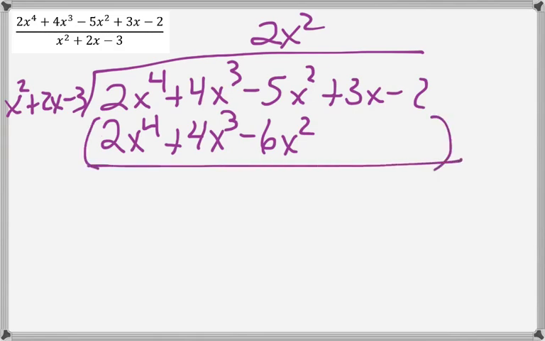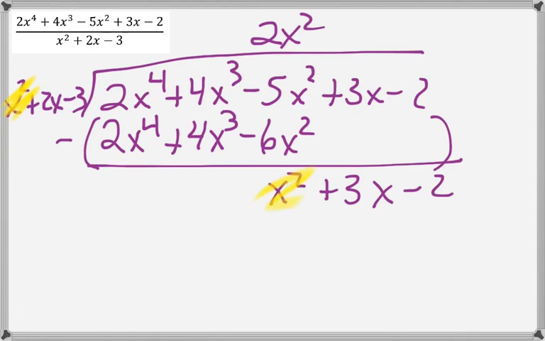We subtract every term. So 2 minus 2 is 0, 4 minus 4 is 0, and then negative 5 plus 6 is positive 1. So we have positive x squared there. And so now we have one more step.